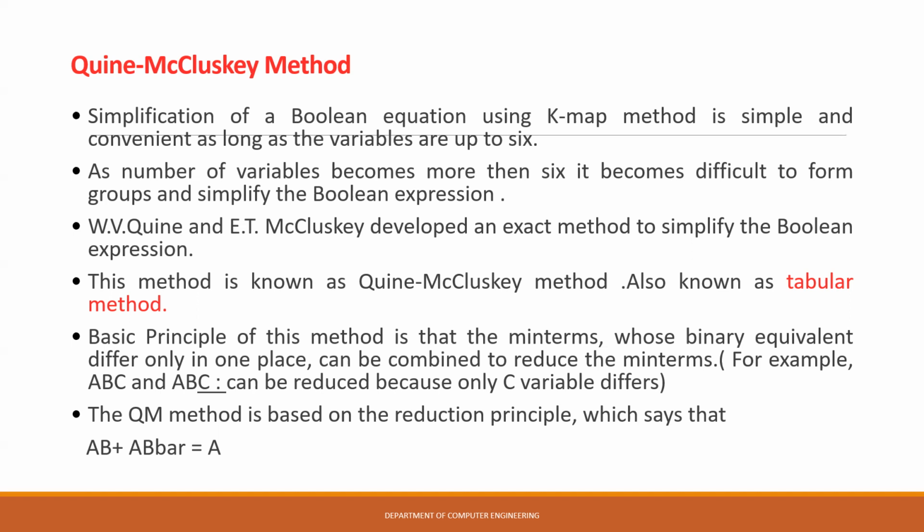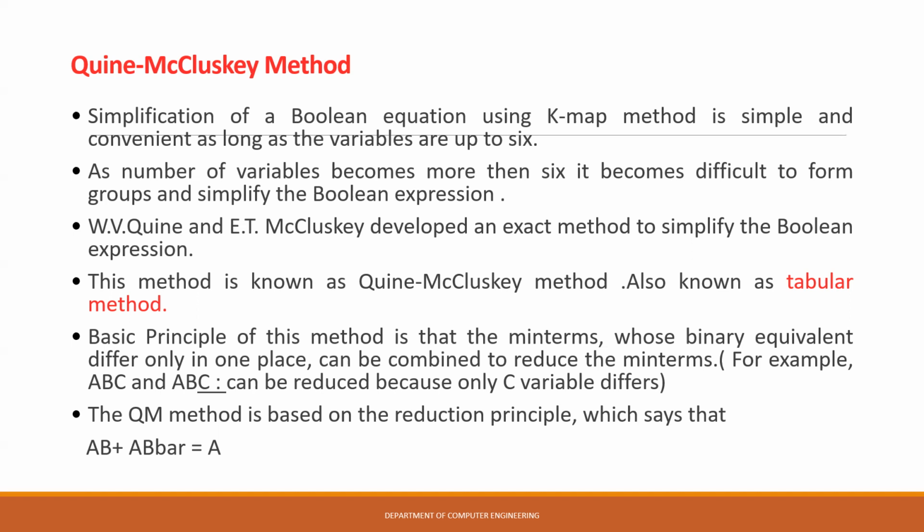Let us start with the basic principle. Minterms are nothing but the product terms present in the SOP, that is, sum of products. Minterms whose binary equivalents differ in only one place can be combined to reduce the terms.